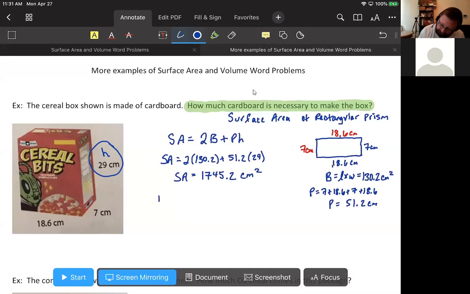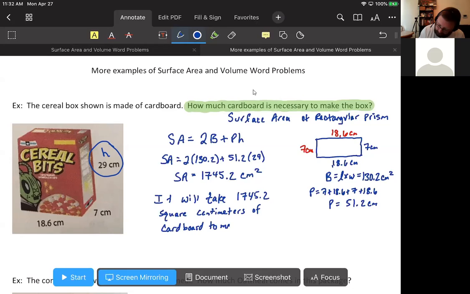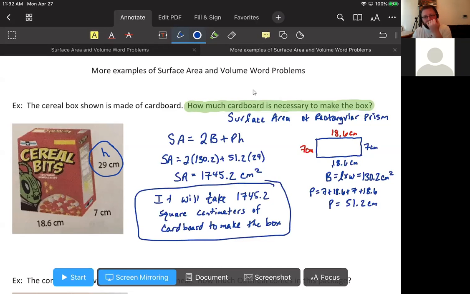So we would say it will take 1,745.2 square centimeters of cardboard to make the box. Okay, again, word problems require word answers.